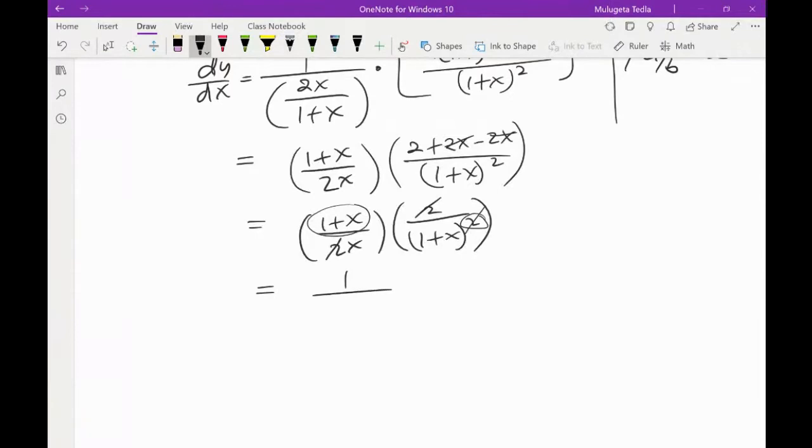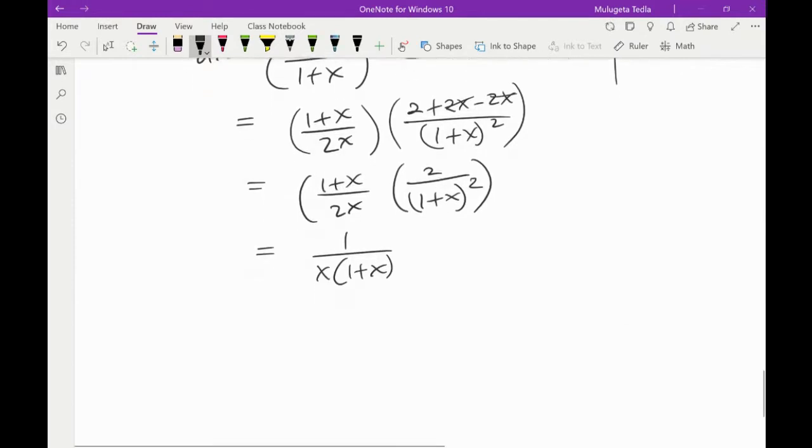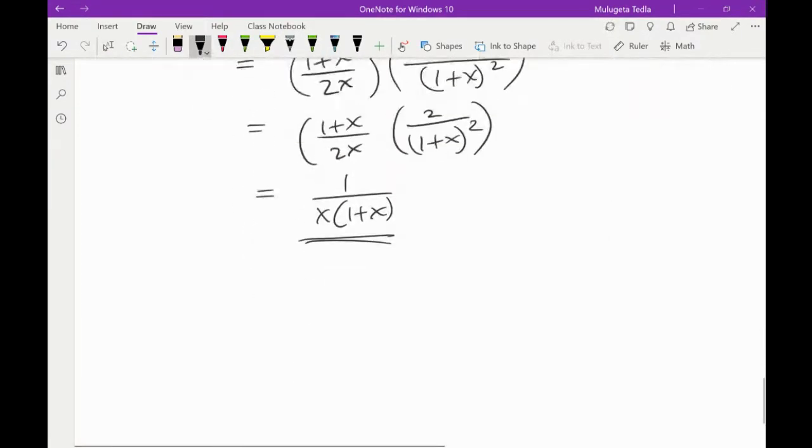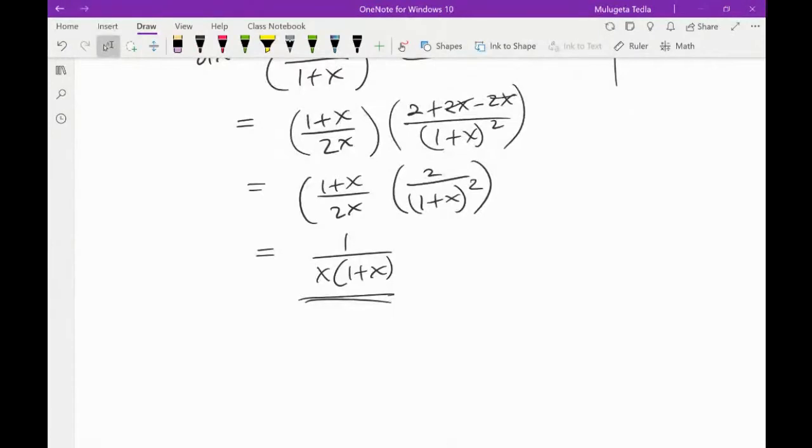So I guess we have 1 over x times 1 plus x. Okay, I will eliminate these cancellations and show you again. The 2 crosses out the 2 in the denominator. The 1 plus x factor will take away the 1 plus x factor from the denominator. We will be left with 1 plus x on the denominator. Let me know if there is an error you think. You can leave it like that, or you can put it like that.